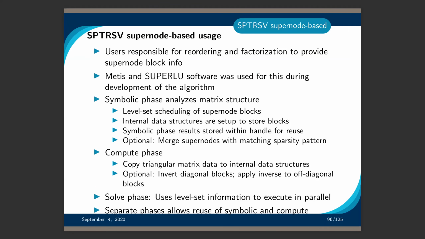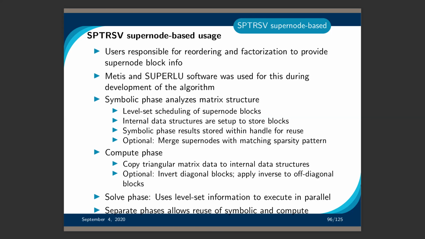The supernode-based sparse TRSV routine requires users apply reordering and factorization to the matrix and to also provide supernode block information to the routine. Metis and SuperLU, for example, were used during the development of this algorithm. It consists of three phases: a symbolic phase, which performs level set scheduling of dependencies among the supernode blocks, and it saves the info in the handle along with preparing internal data structures to store matrix blocks on the GPU.